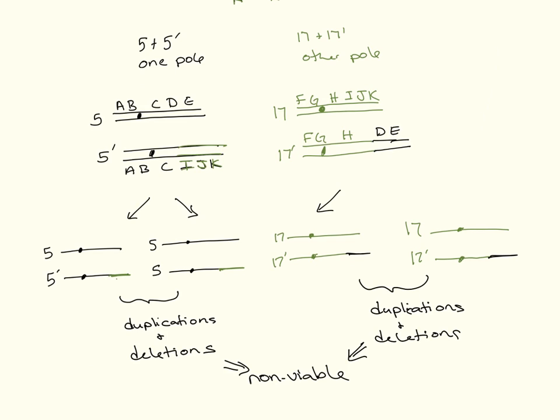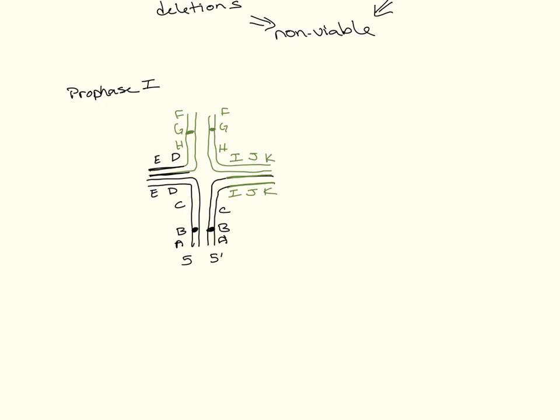But there's another possibility. Let me just get the tetrad back. So here I've drawn the tetrad again, but this time I've just shifted it 90 degrees, and you can see, it could be now that this centromere and this centromere are pulled to one pole, so chromosomes 5 and 17 prime could end up at one pole, and then this one and this one could get pulled to another pole, so we'd end up with 5 prime and 17 as the two daughter cells after meiosis 1, separation of sister chromatids.